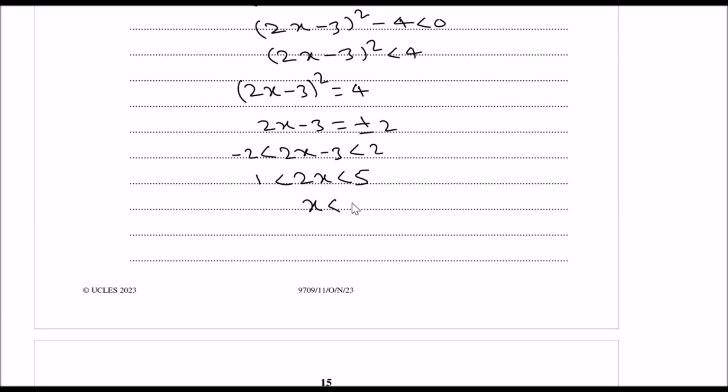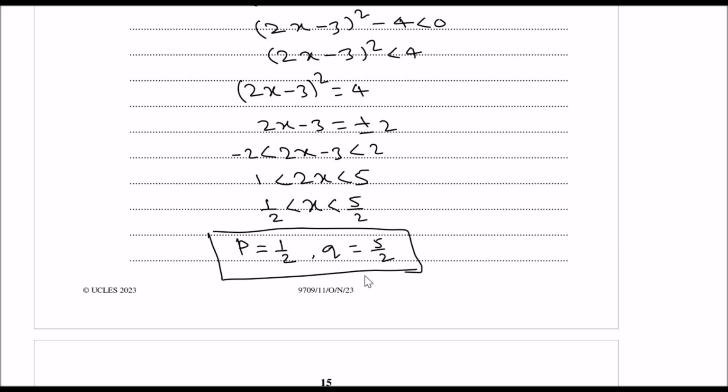So 1 < 2x < 5, and dividing each term by 2, we get 1/2 < x < 5/2. So what we got? p equals 1/2 and q equals 5/2. The answer.